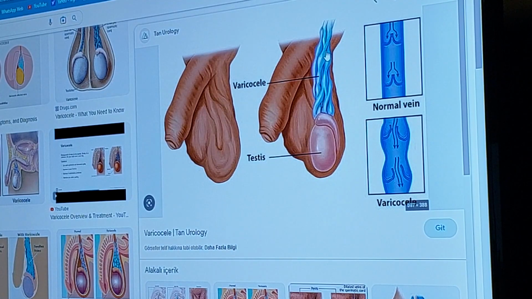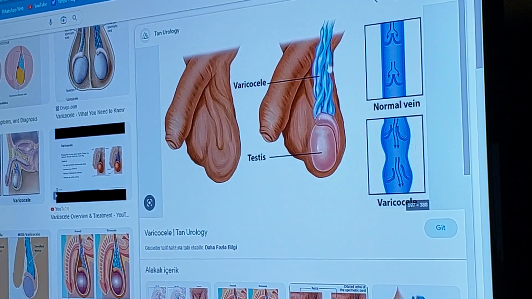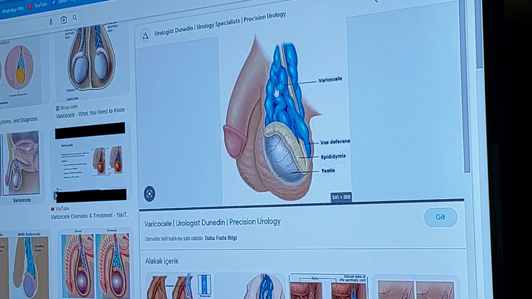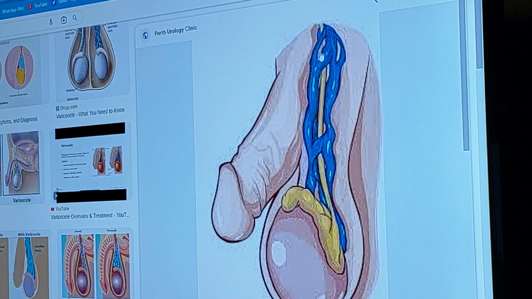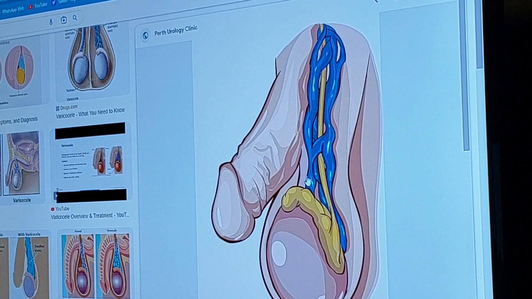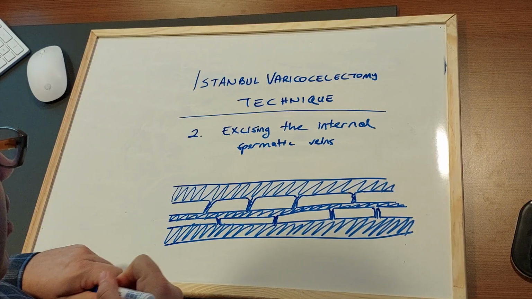Then I noticed that after the surgery you can still see these veins, and it takes too much time for the remaining ends to disappear. So I said, why not also get rid of these veins during the operation. I wanted to take out long segments from these veins too, and I started to dissect these veins as long as possible. So the second part of our technique is this.